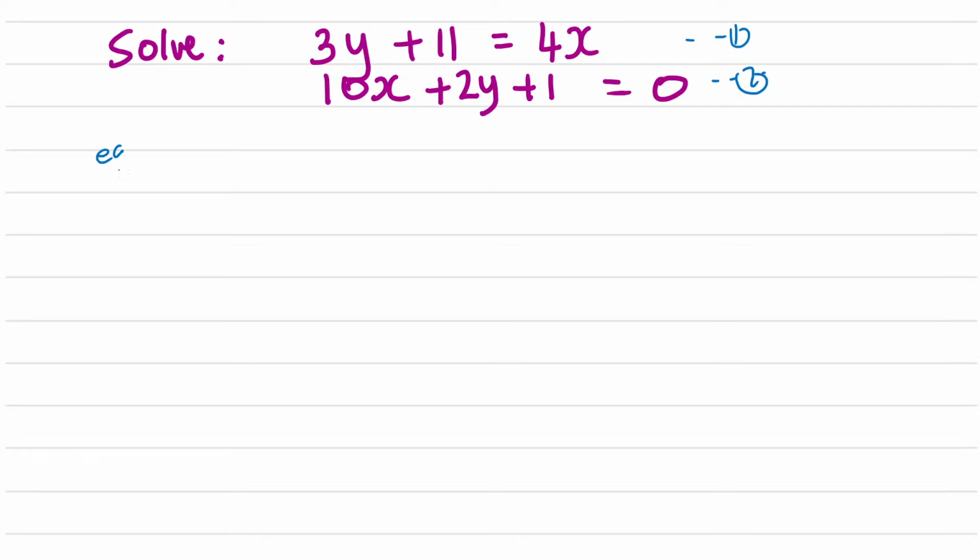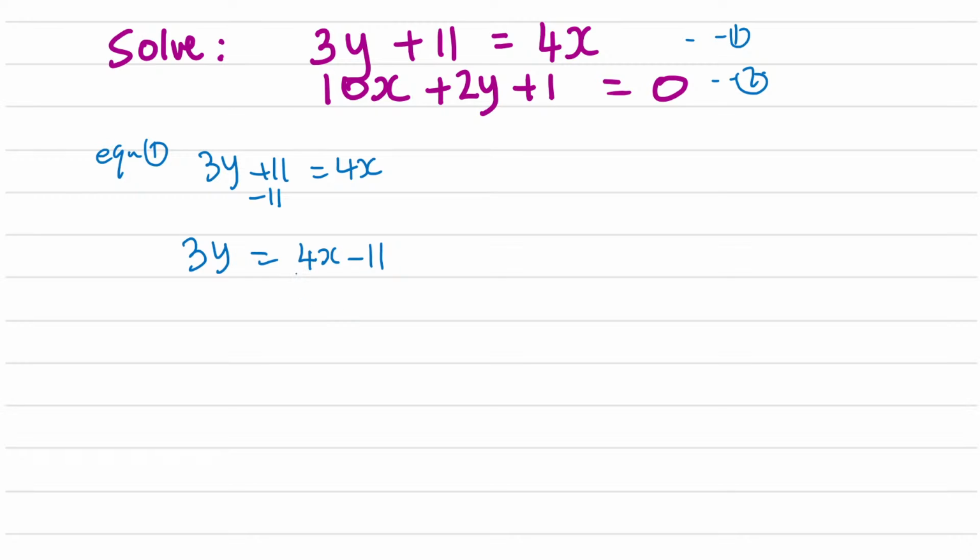So equation 1, what do we have? 3y plus 11 equals 4x. What we want to do is have y and x on the same side and then have the number on the other side. So we're going to take away 11, okay? So this means we're going to have 3y equals to 4x minus 11.